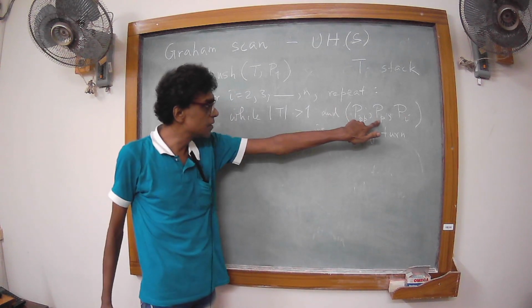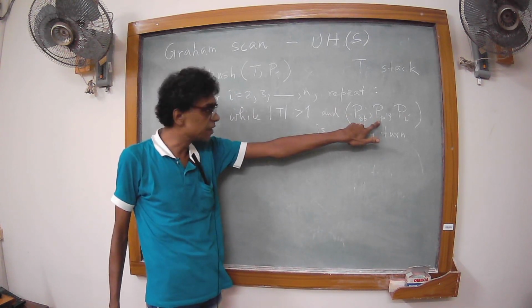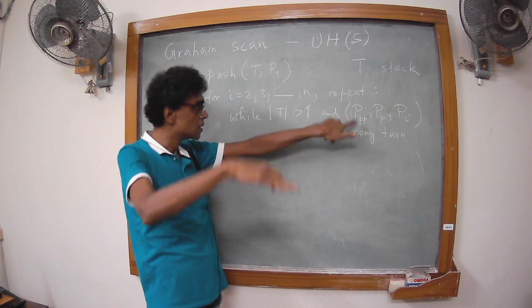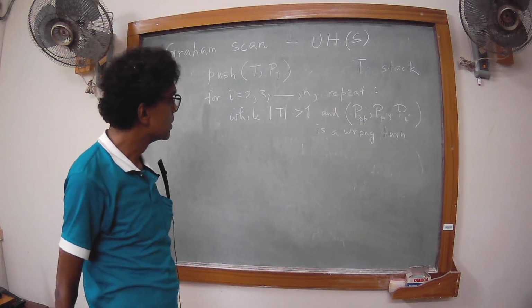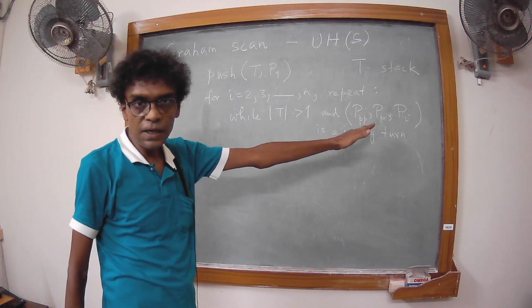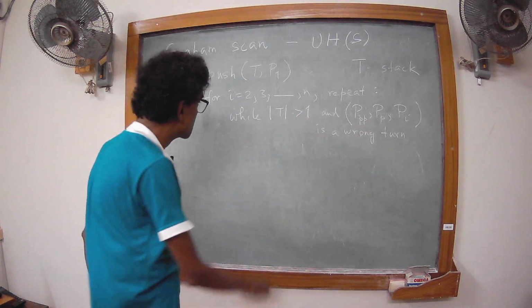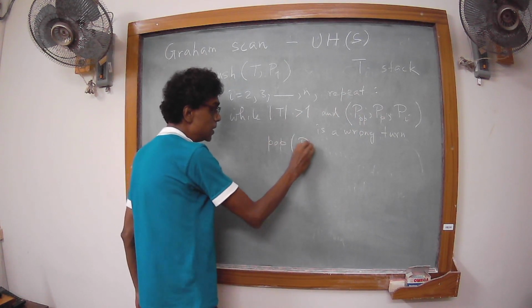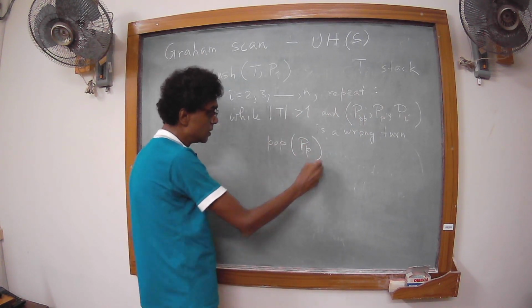So this means this is currently sitting at the top of the stack and this is just below whatever is on the top of the stack. So as long as you keep on detecting wrong turns, you pop P3.